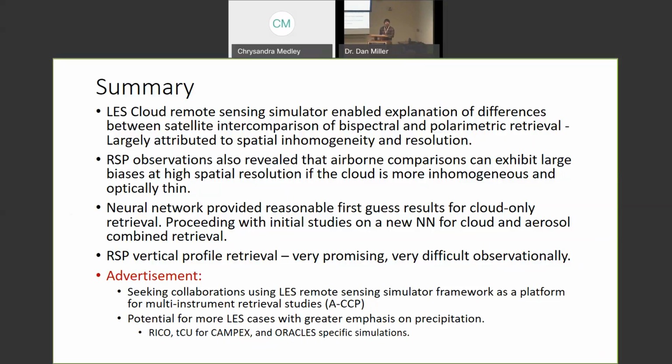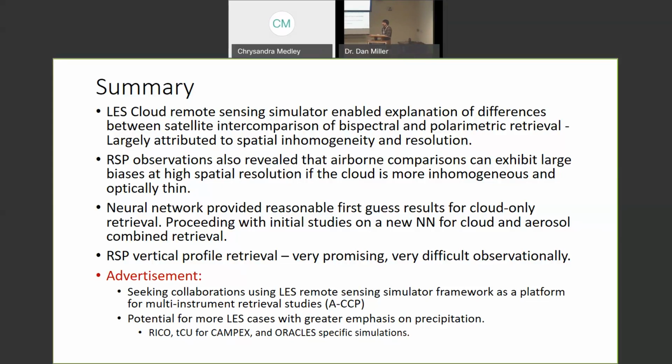Questions? So have you been able to look at some longer wavelengths, in the microwave? Yeah, so I did some radar simulations actually really early on.